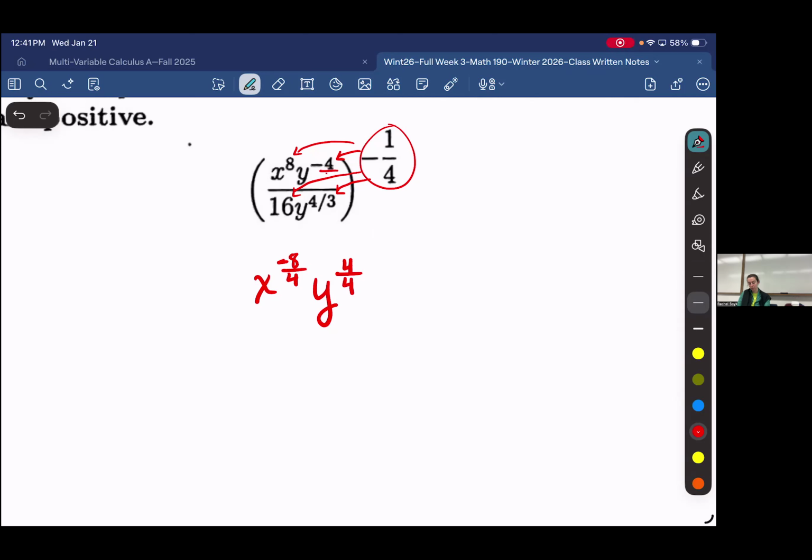Because -4 is the same as -4/1, 8 is the same as 8/1. All divided by, then we have 16 to the -1/4 power. And then we have y to the 4 times -1 is -4, and 3 times 4 is 12. So we get -4/12.